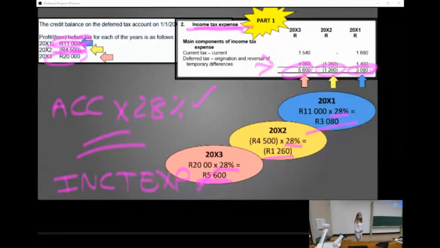So in your splokkie, you will have for X2 an income tax income of 1260. We don't have a current tax income, but we have an income tax income because we were allowed to recognize that benefit through deferred tax, resulting in an income.